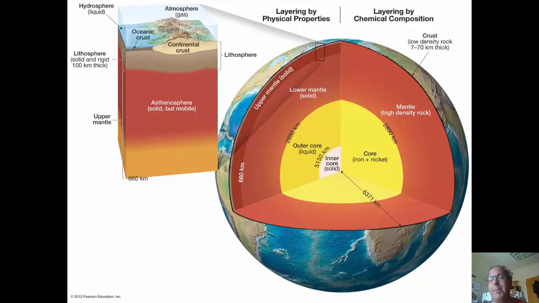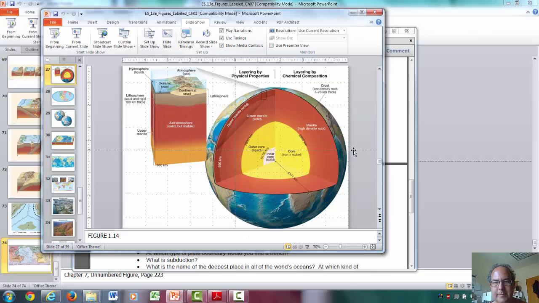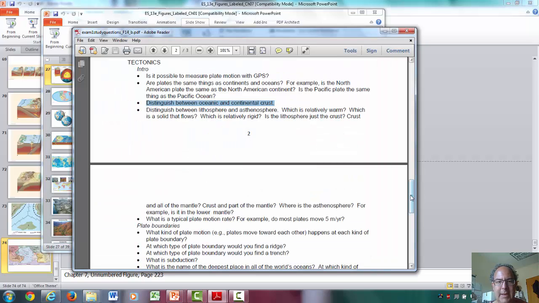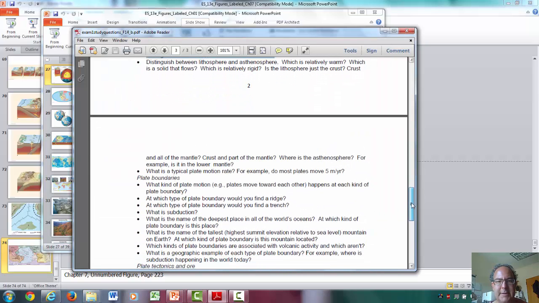Now the lower part of the continental crust, it's more like basalt or gabbro, and it is mafic. It has more of those minerals that are rich in iron and magnesium. That's the difference between oceanic crust and continental crust. Okay, more study questions.